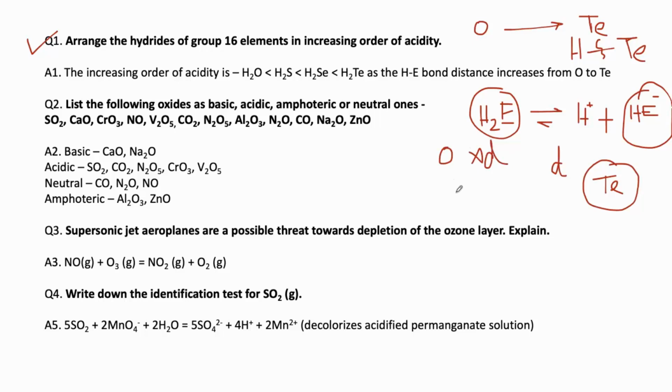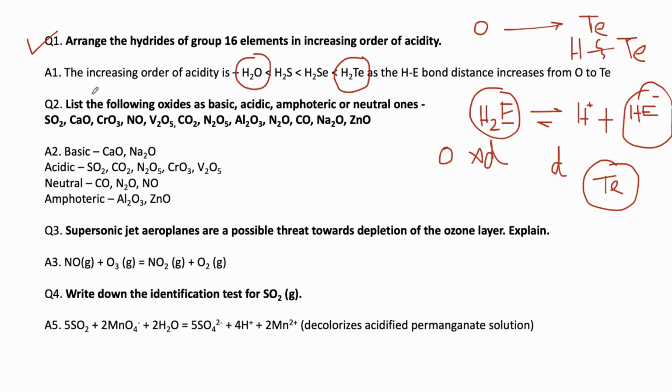It has to be kept on the oxygen atom only. That's why the HTe minus conjugate anion is much more stable than the HO minus. That's why H2Te is the strongest acid and H2O is the weakest acid among the group 16 hydrides.